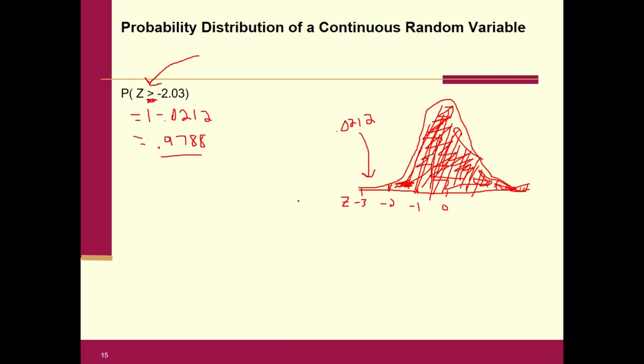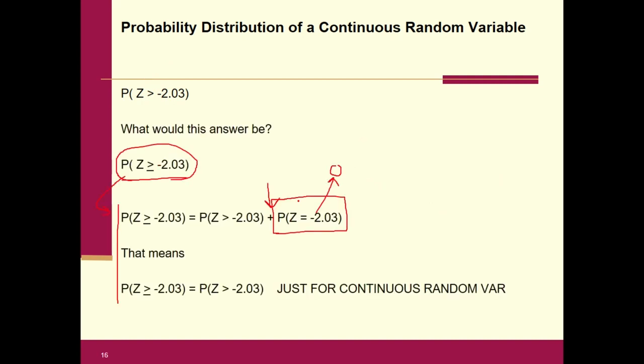No. It doesn't matter if it's less than or equal to, greater than or equal to, because there's no probability sitting exactly at that value. We'll keep on talking about that as we go along, but it doesn't matter if you have the equal to sign in the continuous world or not. But that, again, is just for continuous random variables, not for discrete.